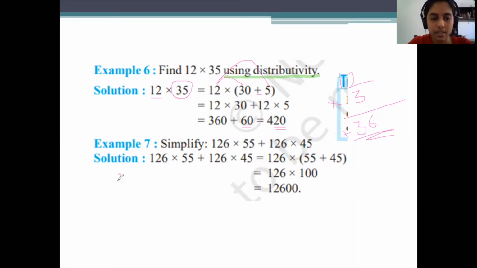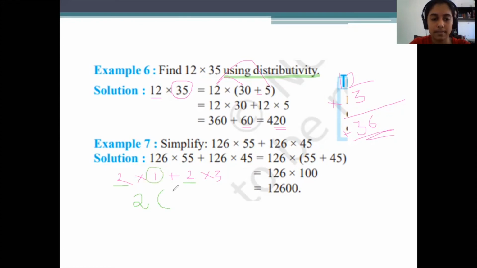Suppose 2 into 1 plus 2 into 3. Now over here, if you see, 2 is the same, right? So let's take 2 common outside. And what is left?